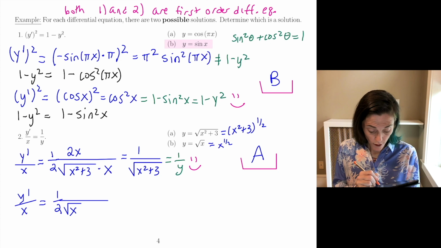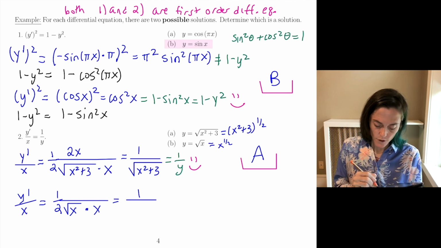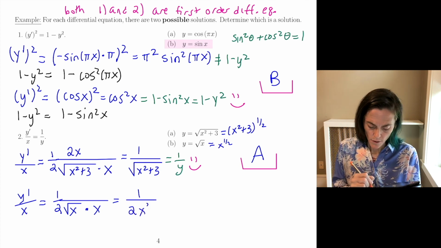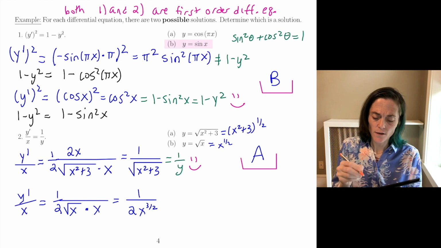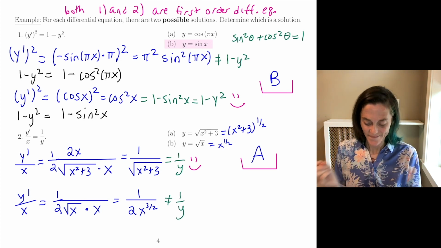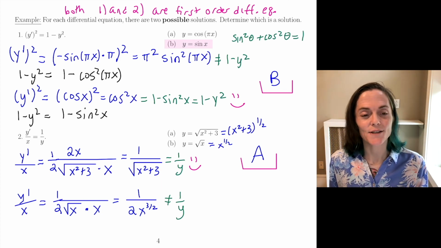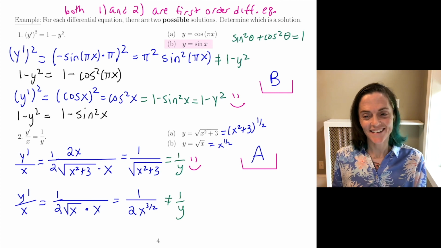Now, we're dividing by x, so it goes down here. And you notice this is 1 over, we have 2x to the 3/2. And this is certainly not 1 over y. So we have answered both 1 and 2 here.